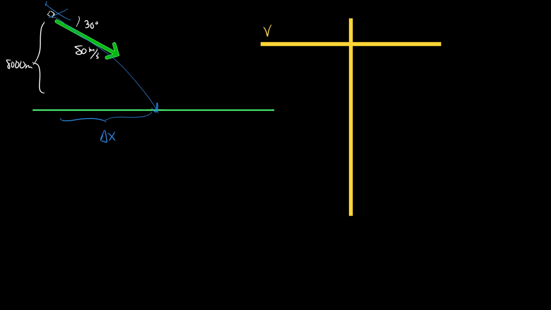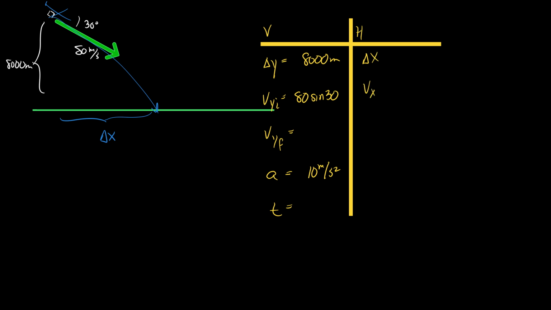So vertical, horizontal, and let's see, delta y, 8,000 meters, Vy initial, 80 sine 30, Vy final, don't know, acceleration, 10 meters per second squared, time. Delta x, don't know, Vx, 80 cosine 30 degrees, time, don't know.